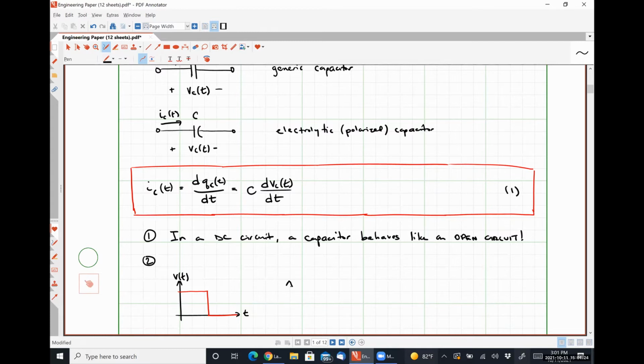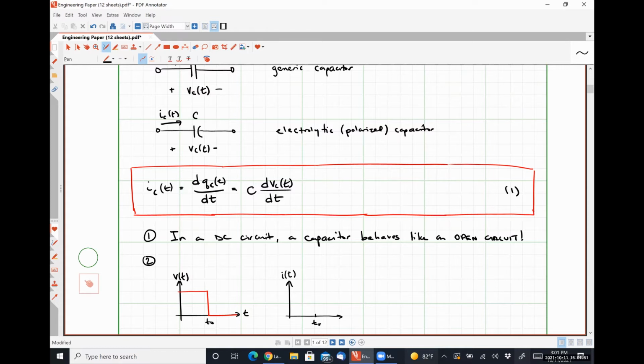What would our current look like? Let's call this at some time. Any thoughts? What's the derivative of that voltage expression when it changes?